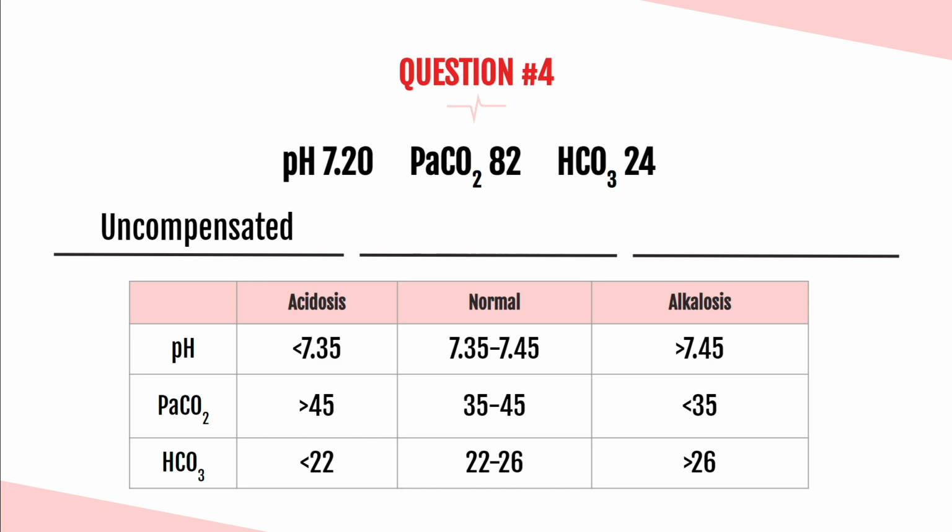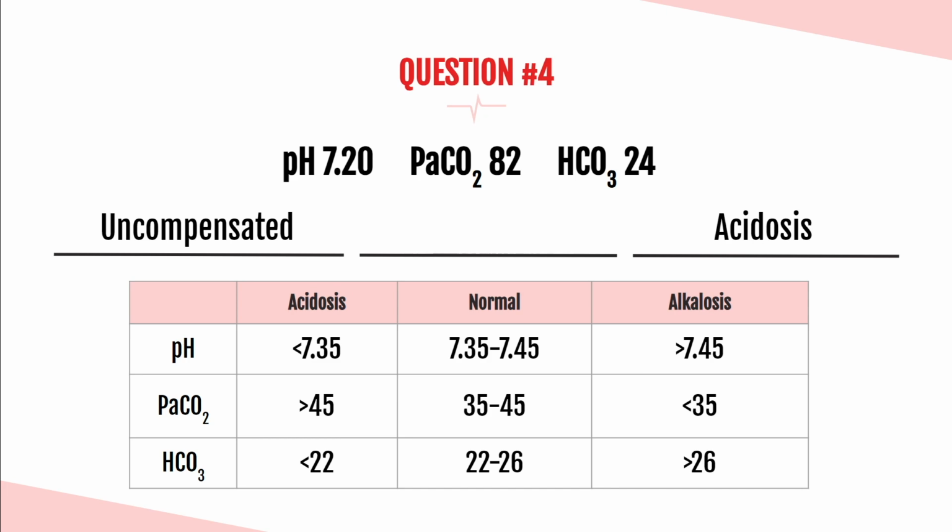Our pH is 7.20. Is this acidic or is it alkaline? It's less than 7.35, so we are looking at acidosis. We've got an uncompensated acidosis. Let's go through and find out the middle name. So we are looking for the value that is trending with our acidic pH.